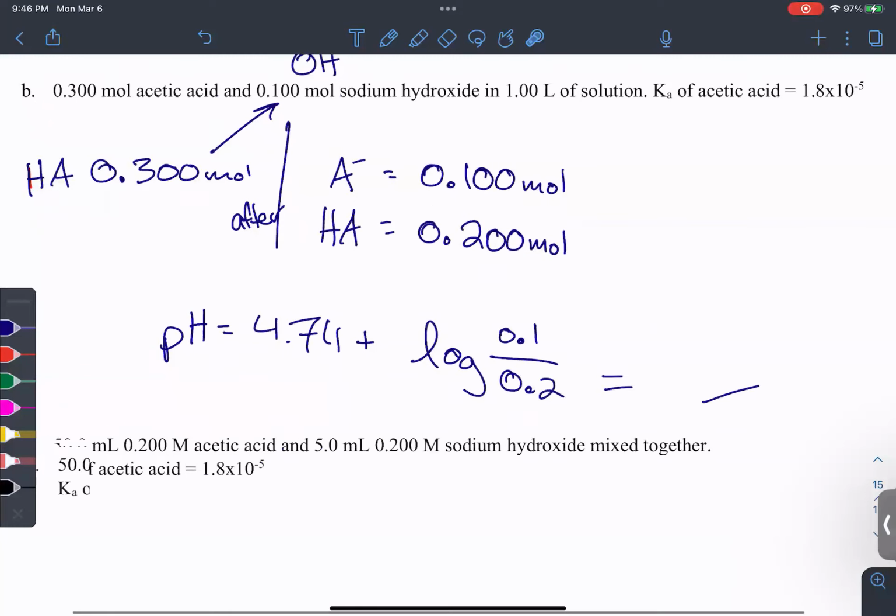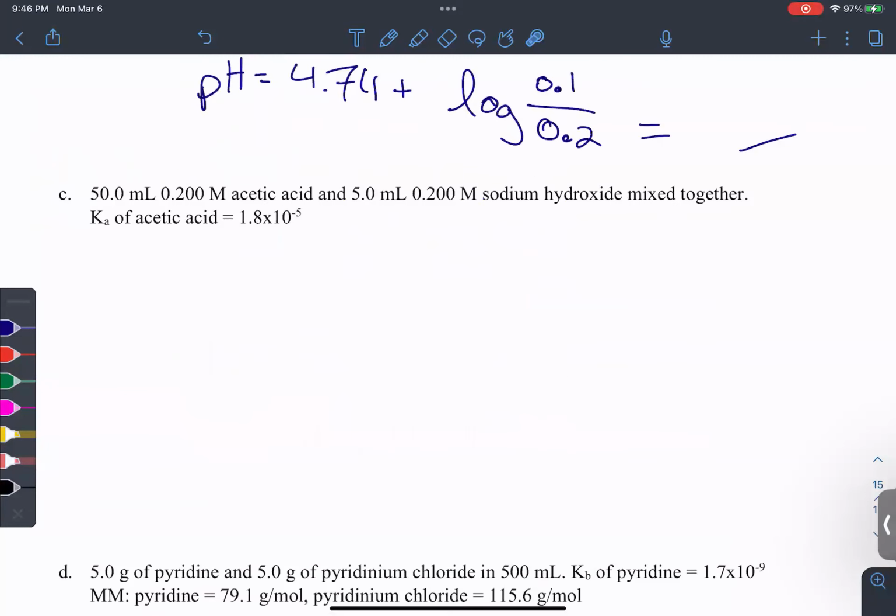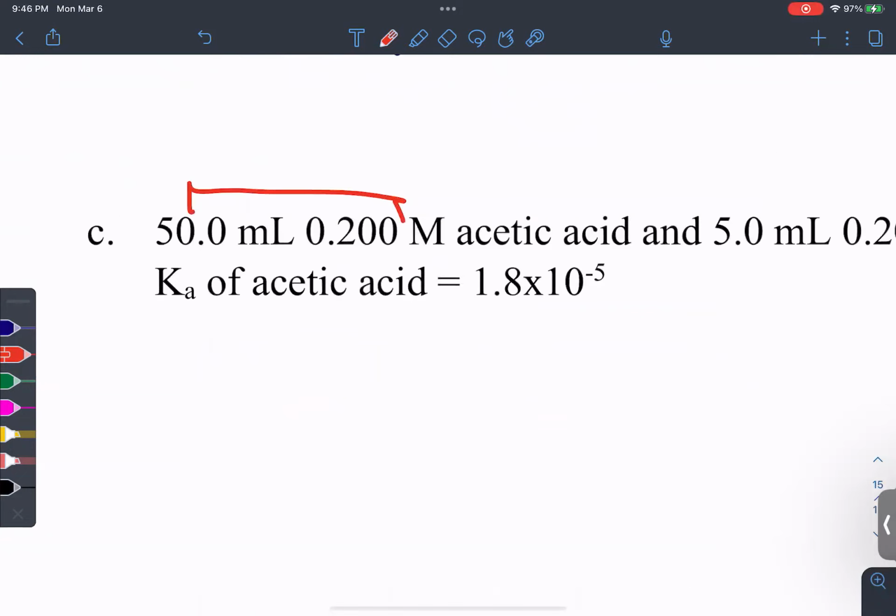Okay. C, we combine acetic acid and sodium hydroxide, but this time it's not mole amounts. I give you milliliters. Yikes. But it's okay, I can just do some quick math to make it the same. A milliliter times a molarity gives me a millimole.